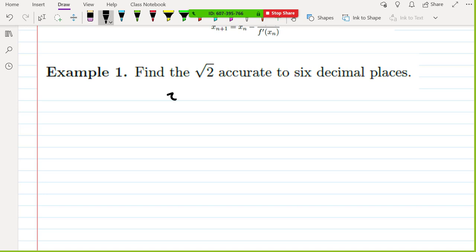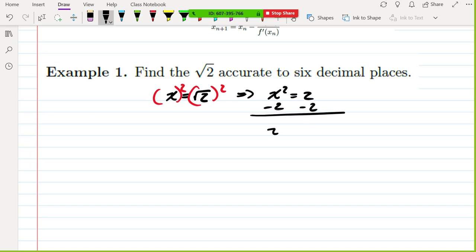So one way we can do that is we're going to start with x equals the square root of 2, because that's what we want. And we're going to eliminate our radical by squaring both sides. And that gives us that x squared is equal to 2. And we minus 2 and we minus 2. So we get x squared minus 2 is equal to 0.